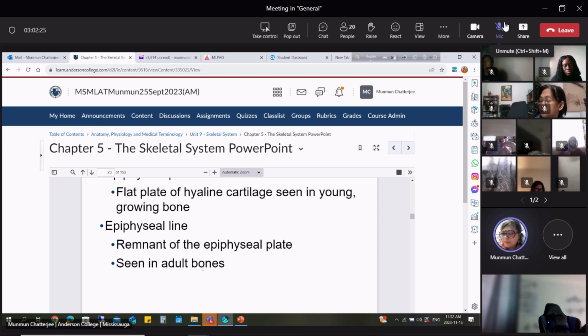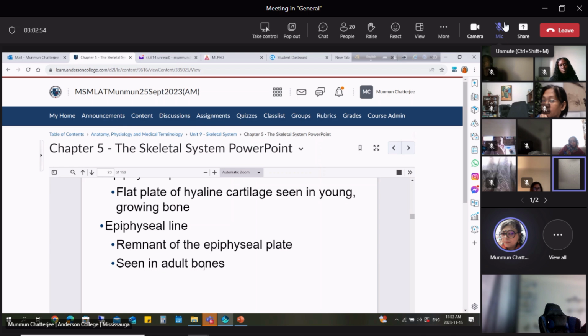So question: the epiphyseal plate you can see in the young growing bone, child or young growing bone. The epiphyseal line you can see only in adult bones. So if the question says the epiphyseal line can be seen in the young or child, true or false?